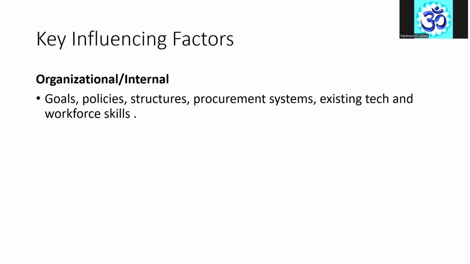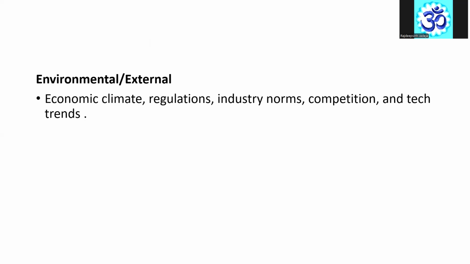First is organizational and internal factors, which include goals, policies, structures, procurement systems, existing technology, and workforce skills. So what are the goals of an organization? What are the policies? Which type of structure are they following? What is their procurement system? What is the existing technology in the company, and the workforce skills?